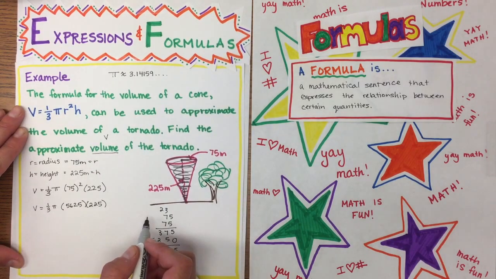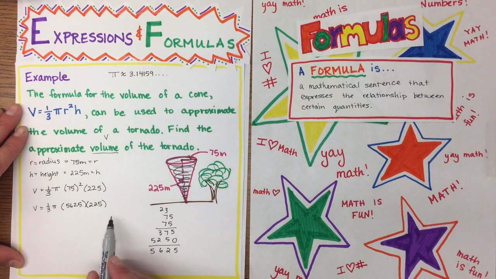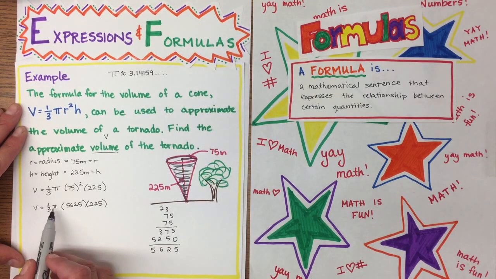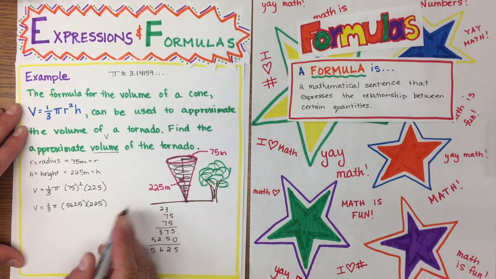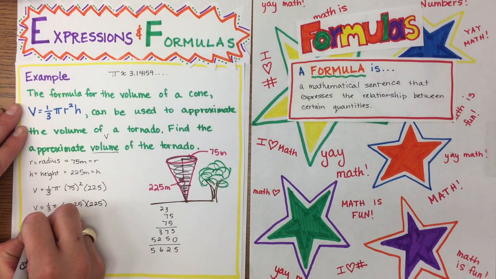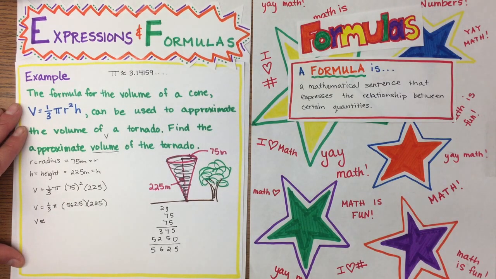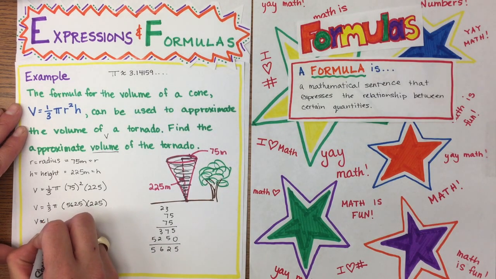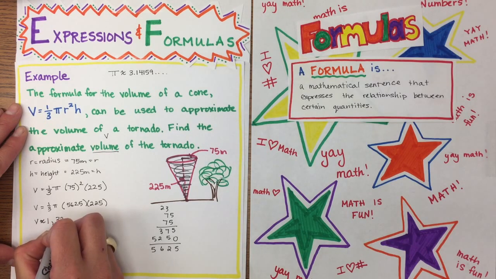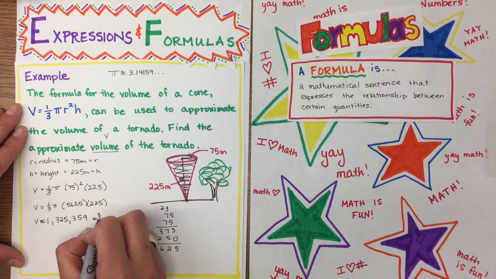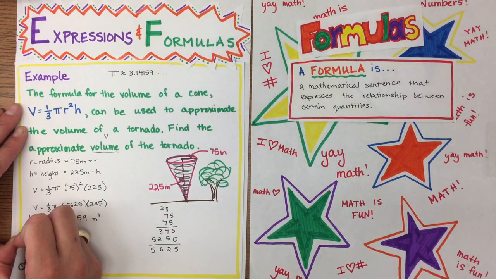I can go through and multiply all of this out. Because this is an irrational number, it's a non-repeating decimal. These are really large numbers. I am going to go to a calculator. And when I go to my calculator, I get that the volume is approximately 1,325,359 cubic meters, or meters cubed.